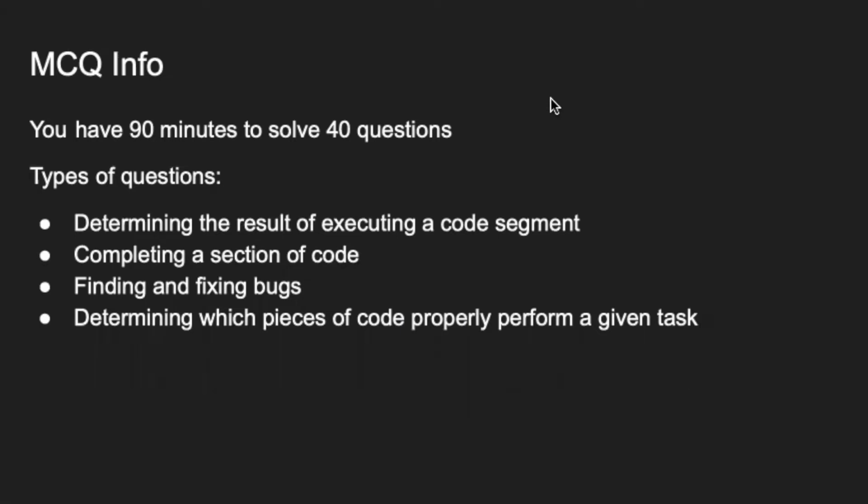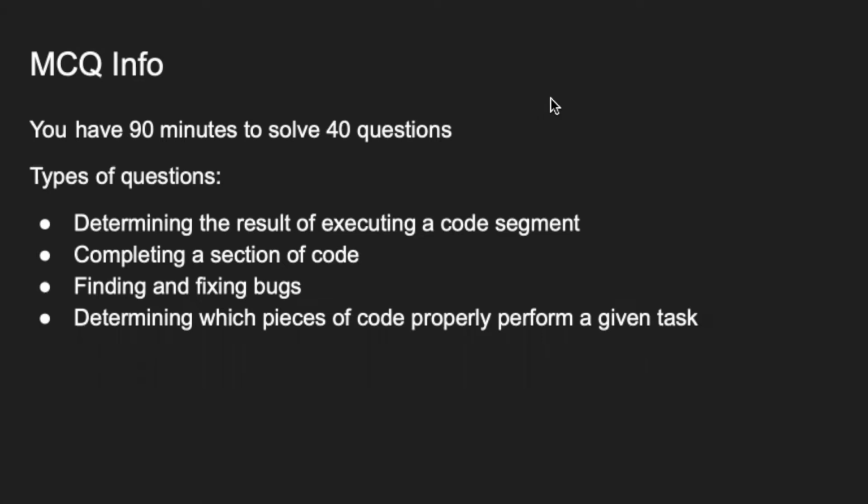Before we get into the MCQ practice, first you should know some information about the MCQ section on the AP exam. So you have 90 minutes to solve 40 questions, which is an average of 2 minutes and 15 seconds per question. When you're doing this practice, which is 10 questions long, I would suggest putting on a stopwatch to keep track of how much time you take on the practice, just so you have an idea.